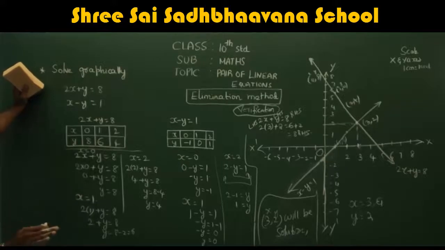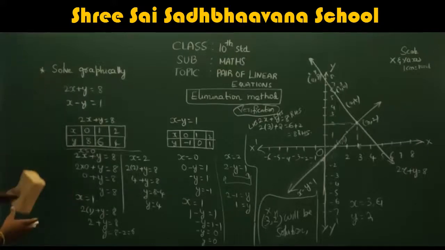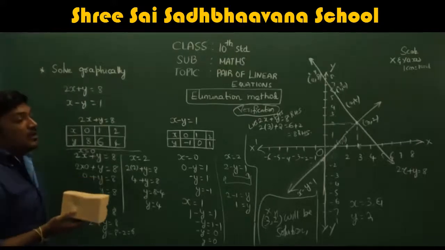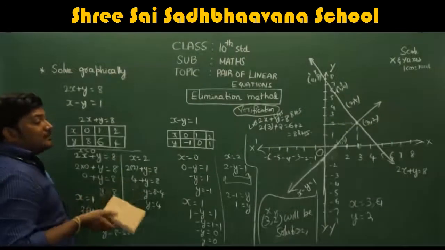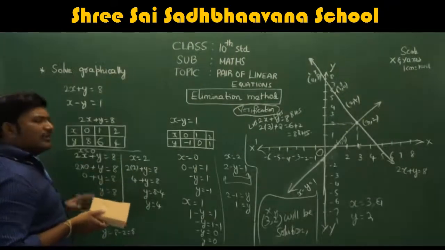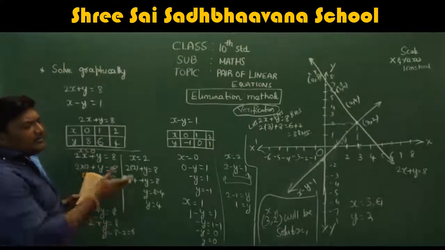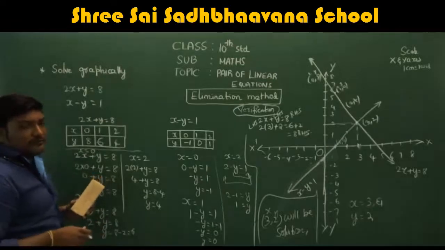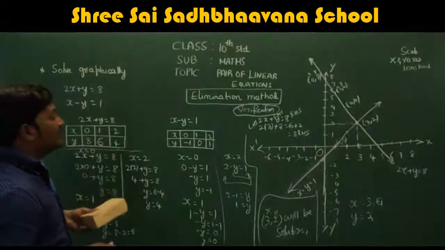Minimum 3. If you take more, you will not have much time. Don't waste the time only on the graph, you will have other questions also. Better you just take 3 points and draw the graph. Enough. Okay? Next, x minus y is equal to 1.